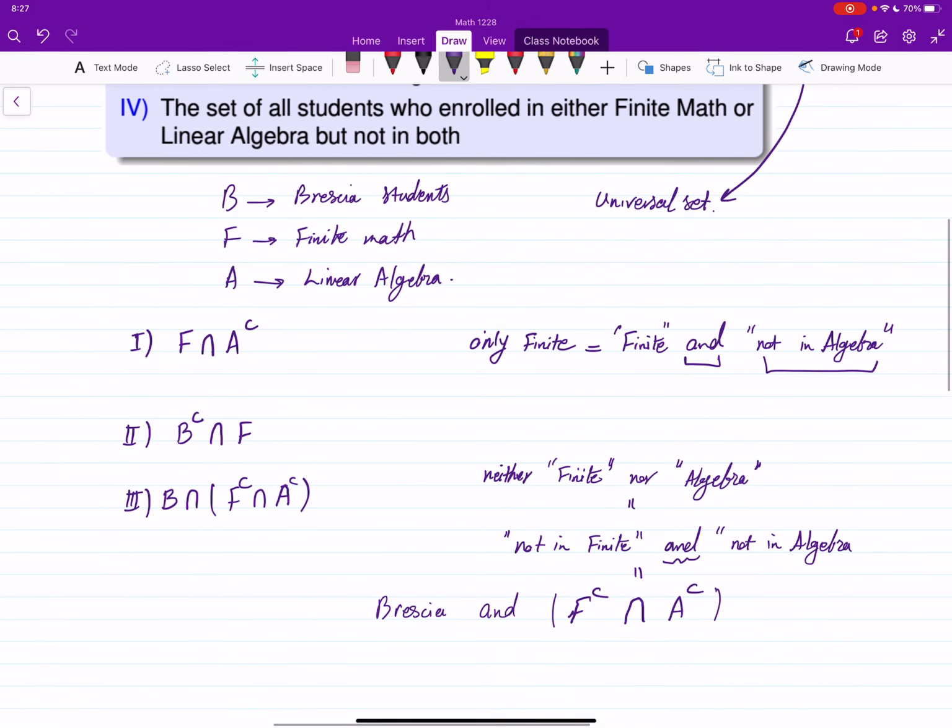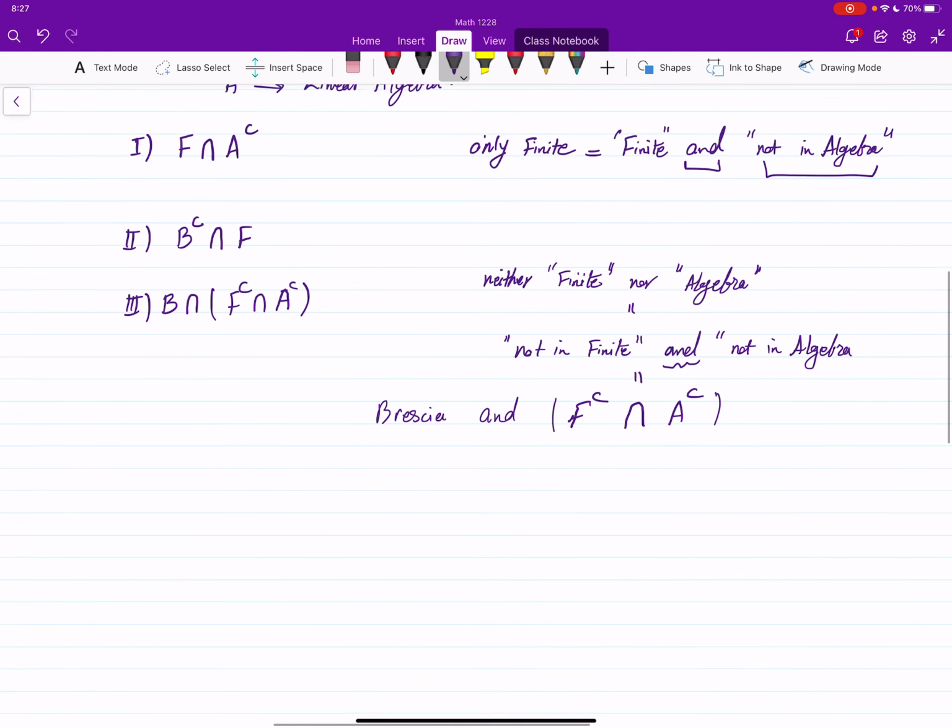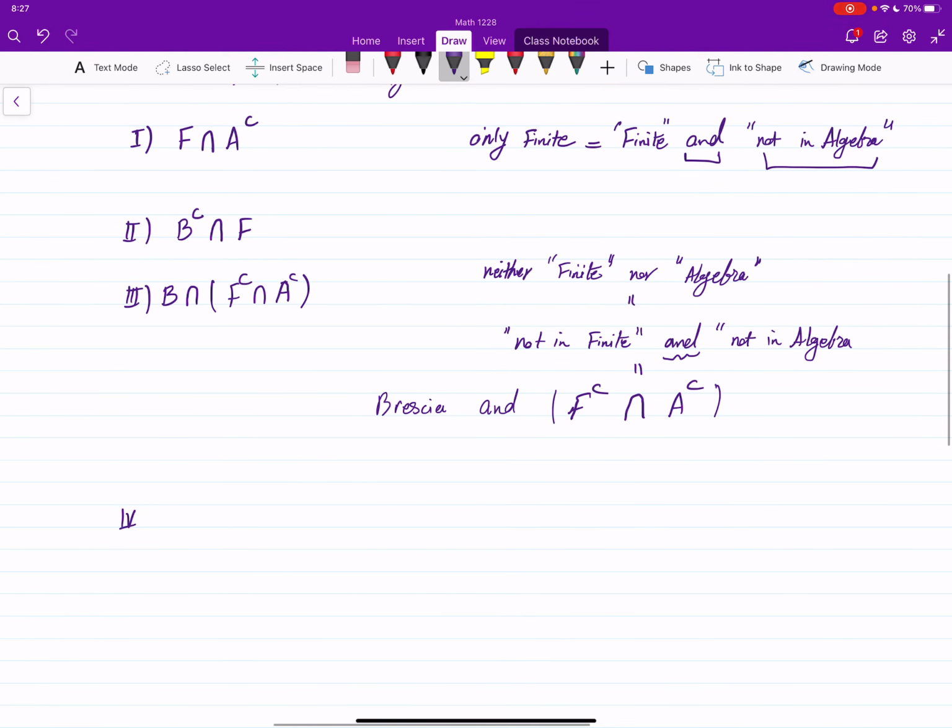And the last one, the set of all students who enrolled in either finite math or linear algebra, but not in both. This is a little bit tricky one. So for that, I will draw you a Venn diagram.